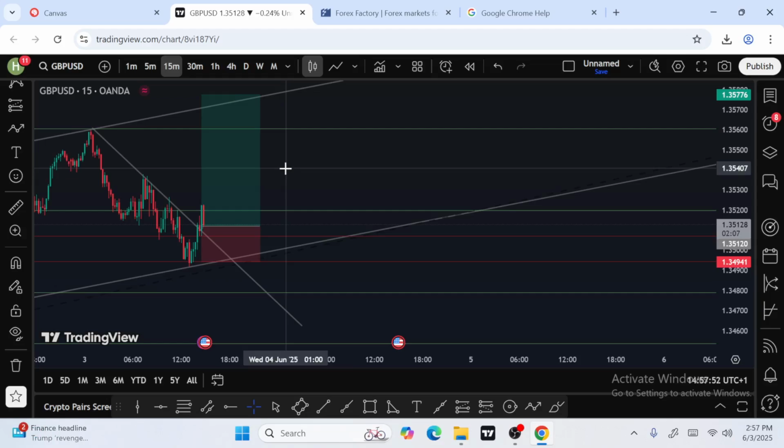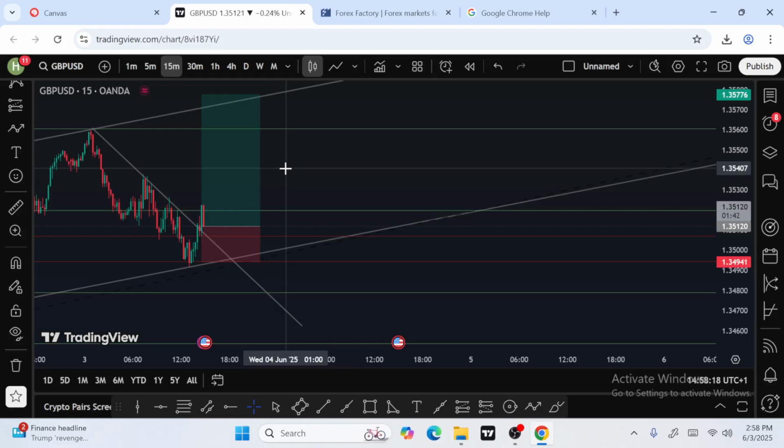Now, this is GBP USD. That is why I like MT5. MT5 will show you the GBP USD. Now GBP USD chart.